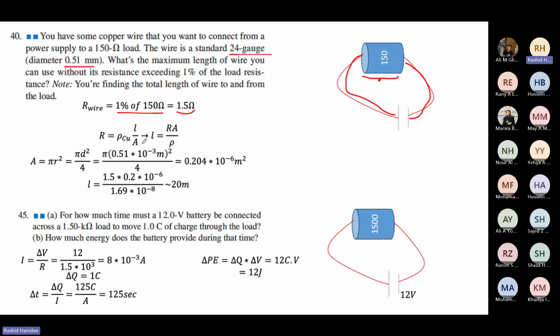Well, A, where do I find it from? I find it from the diameter. So as I did before, I use A equals pi d squared over 4, and that gives me the cross-sectional area of the wire. So I can put that back and I find L. So I got L equal to 20 meters.